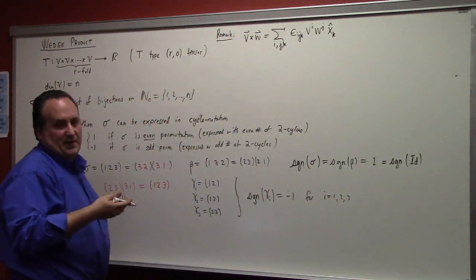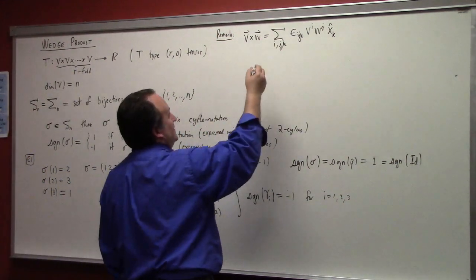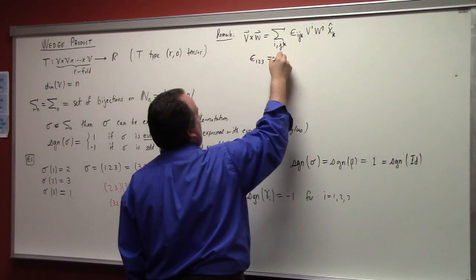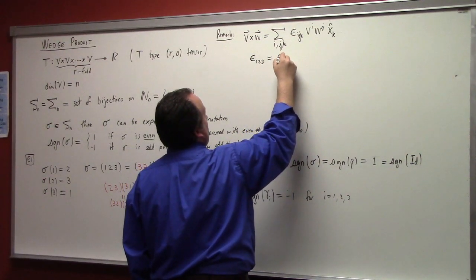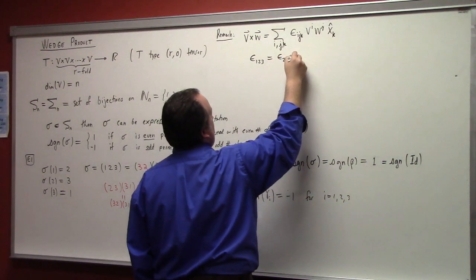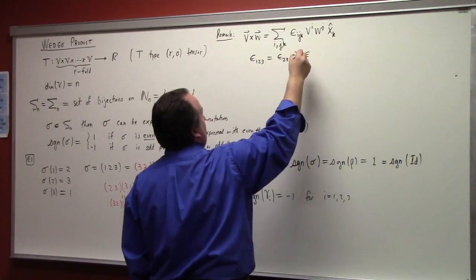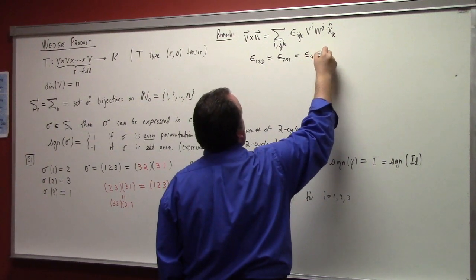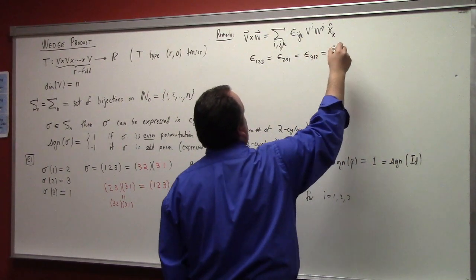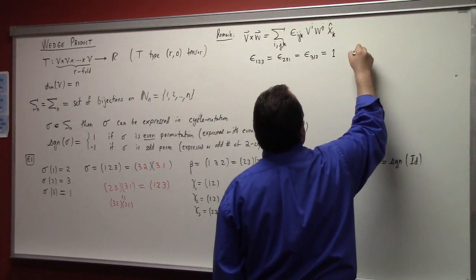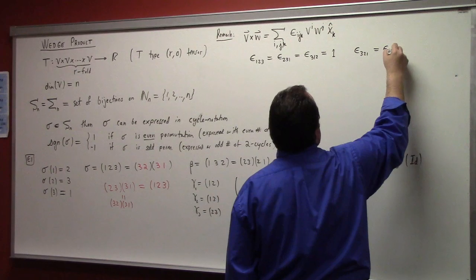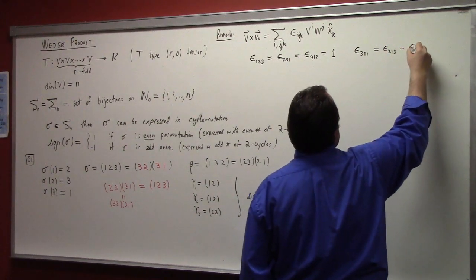The thing that was bugging me about this was, I know that epsilon 1,2,3 equals epsilon 2,3,1 equals epsilon 3,1,2. Those are all 1, versus epsilon 3,2,1 equals epsilon 2,1,3 equals epsilon 1,3,2.